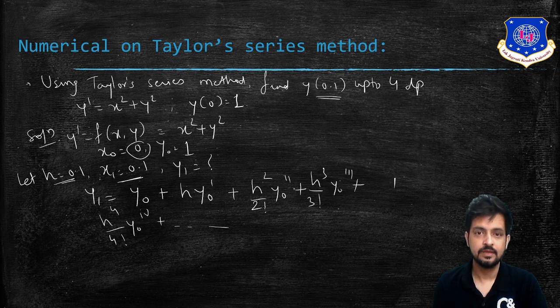There is no need to find further because we will get the approximate solution, so we have to use this approximate sign. First of all, we have to find all these values.